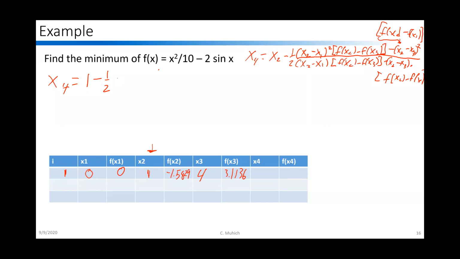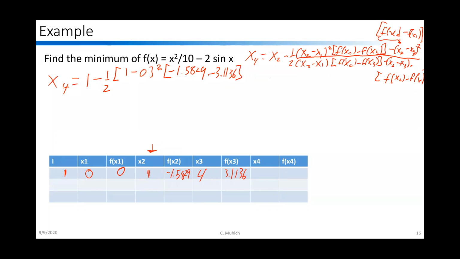On top we have x2 minus x1, so x2 is 1 minus 0, squared, times f of x2. F of x2 is negative 1.5829 minus f of x3, which is 3.1136.